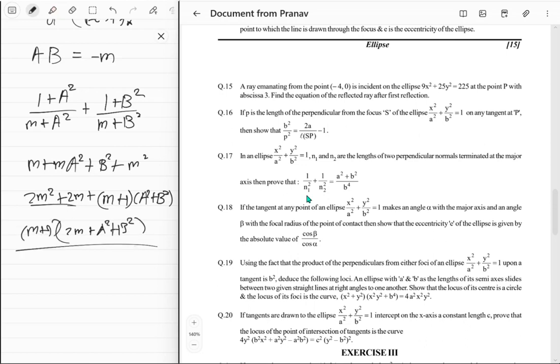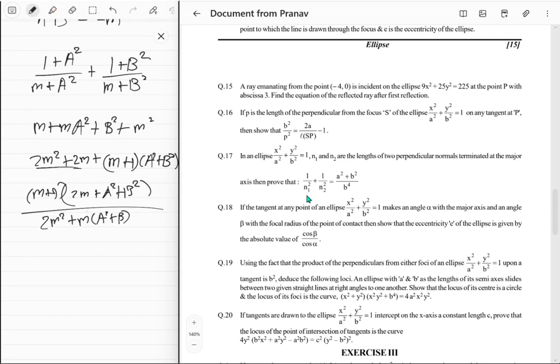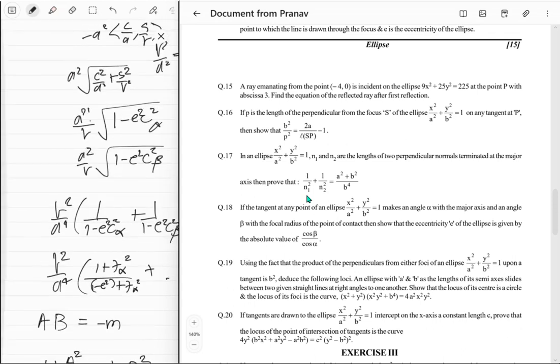Cool. And then upon, so multiplication of these guys is supposed to be m squared plus m times of a square plus b square plus a square times b square, which is actually just m squared. So there we go. Just take that m out, and then it's exactly that. So it's supposed to be m plus 1 upon m, and then that times this thing, right? Yeah, b square upon a power 4.